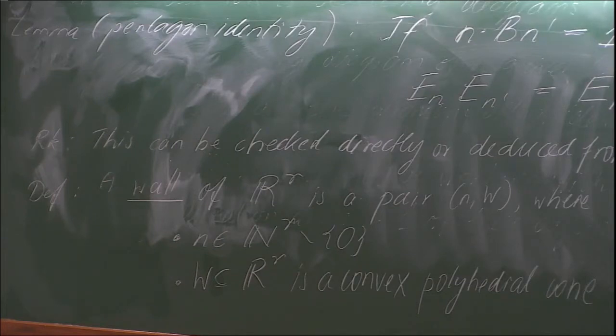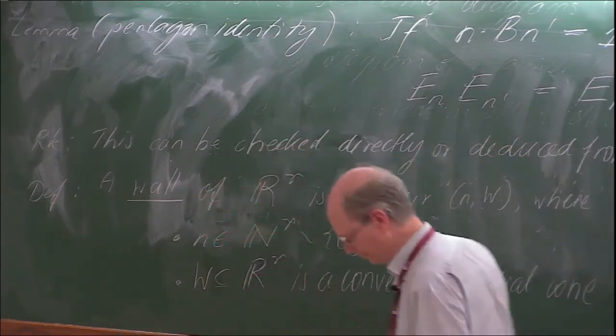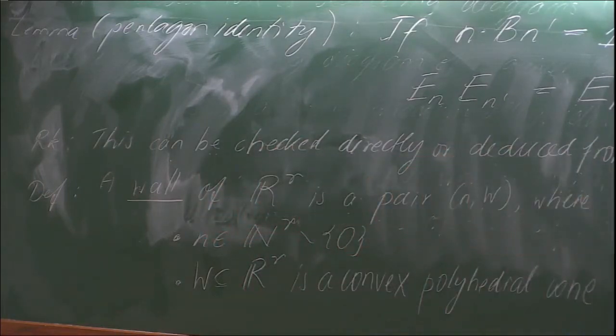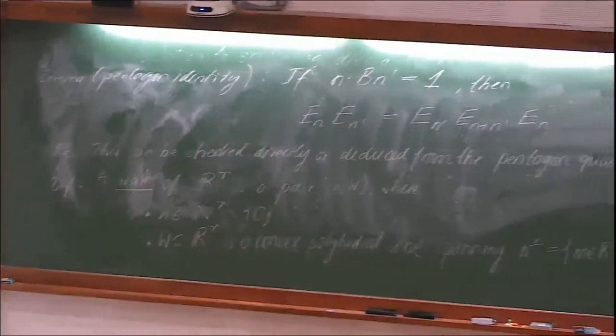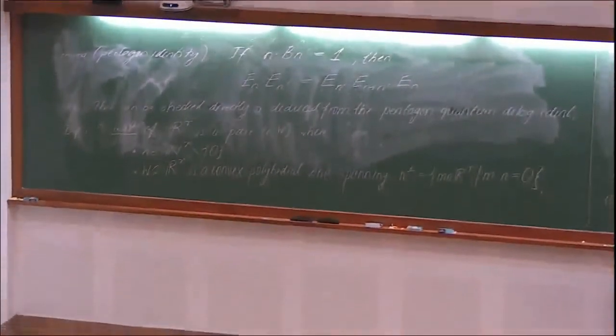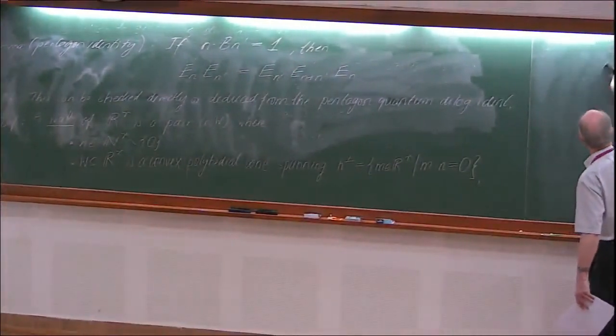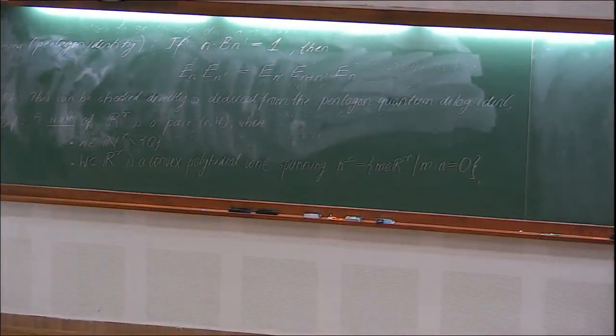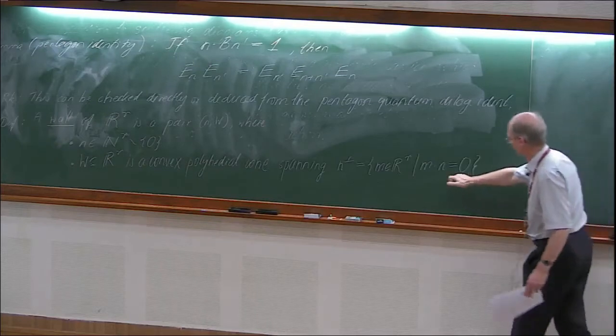So, the convex hull of a finite union of rays. And each wall has a green side and a red side. The green side is the set of vectors m where the scalar product with n is positive, and the red side is the set of vectors m where the scalar product with n is negative.